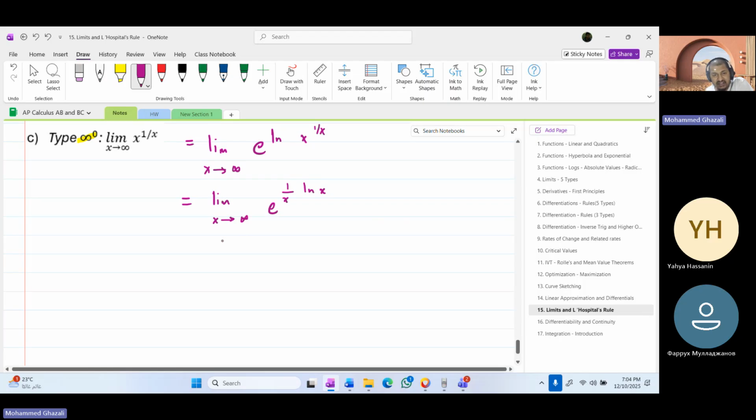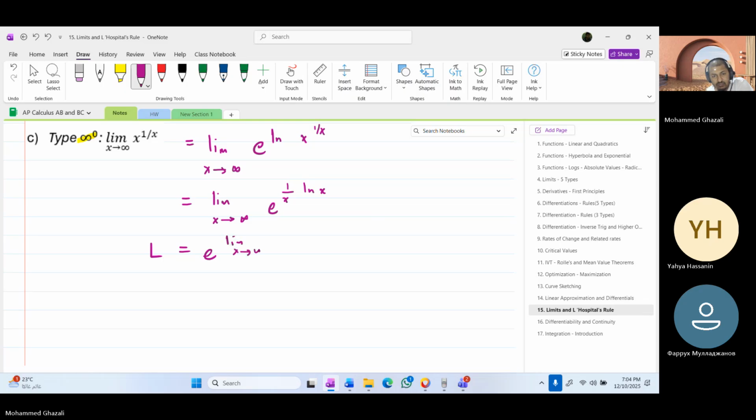And now move the limit inside and call this limit L. Right. Now, let's solve this. Just solve the top part, solving the power.